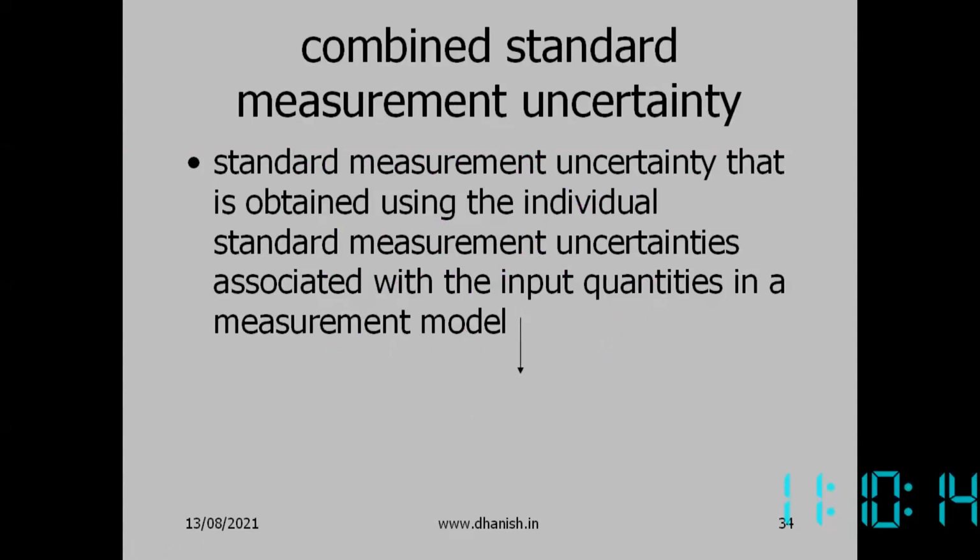Each uncertainty we model using some distribution. So the input quantities are modeled using various distributions, and there is a measurement model, that is a measurement equation. Using that, we obtain the uncertainty in the final measurement result. That is called combined standard measurement uncertainty. You are combining the uncertainties from a number of sources. So that is the general procedure.